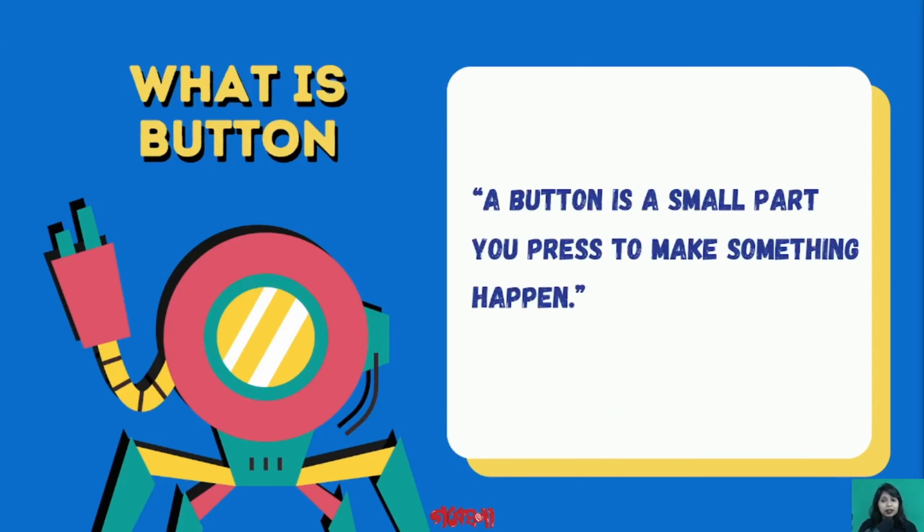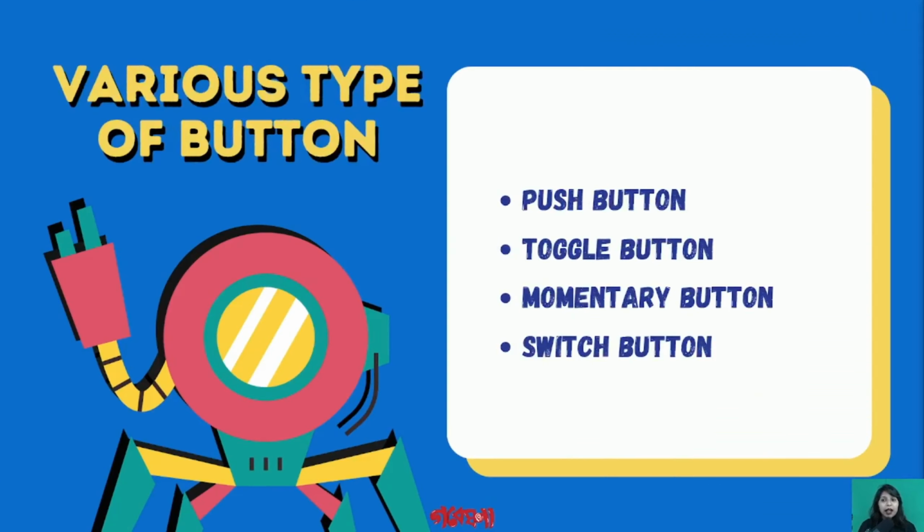What is a button? A button is a small device that sends a signal when pressed. When we press a button, the circuit turns on or starts working. Buttons come in different types. Push button: it works when pressed and stops when released.